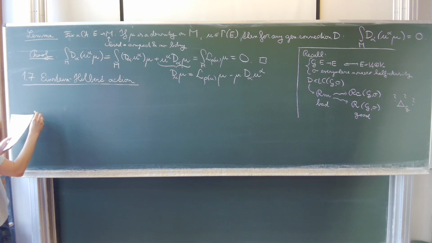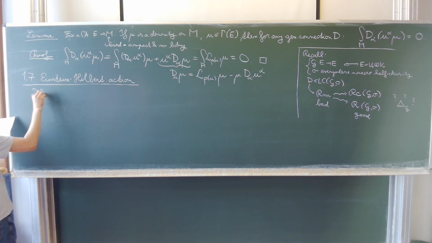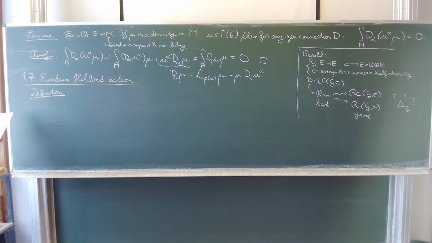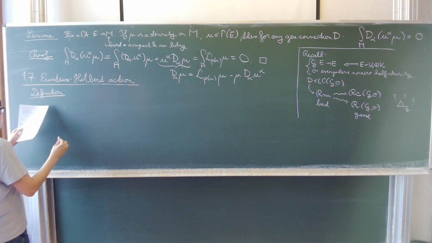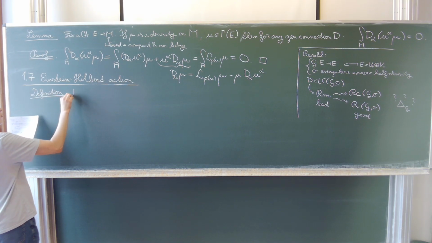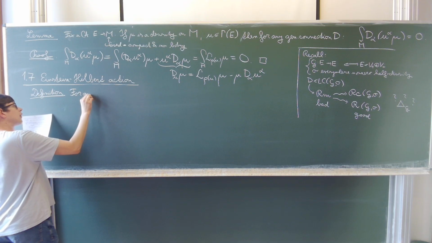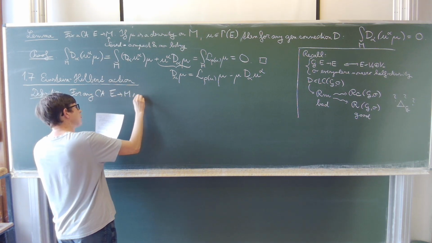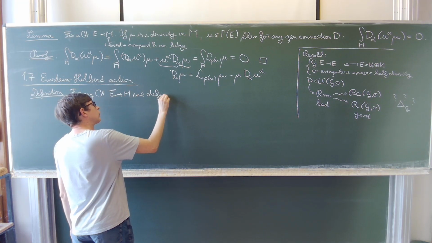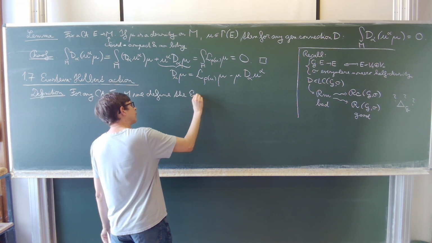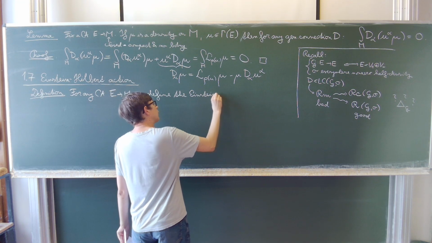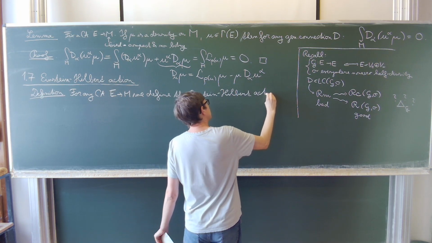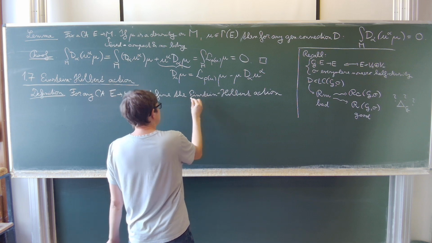But let's start with a definition. Definition. For any current algebroid, which is the datum that we fix, we define the Einstein action, and it will be an action.